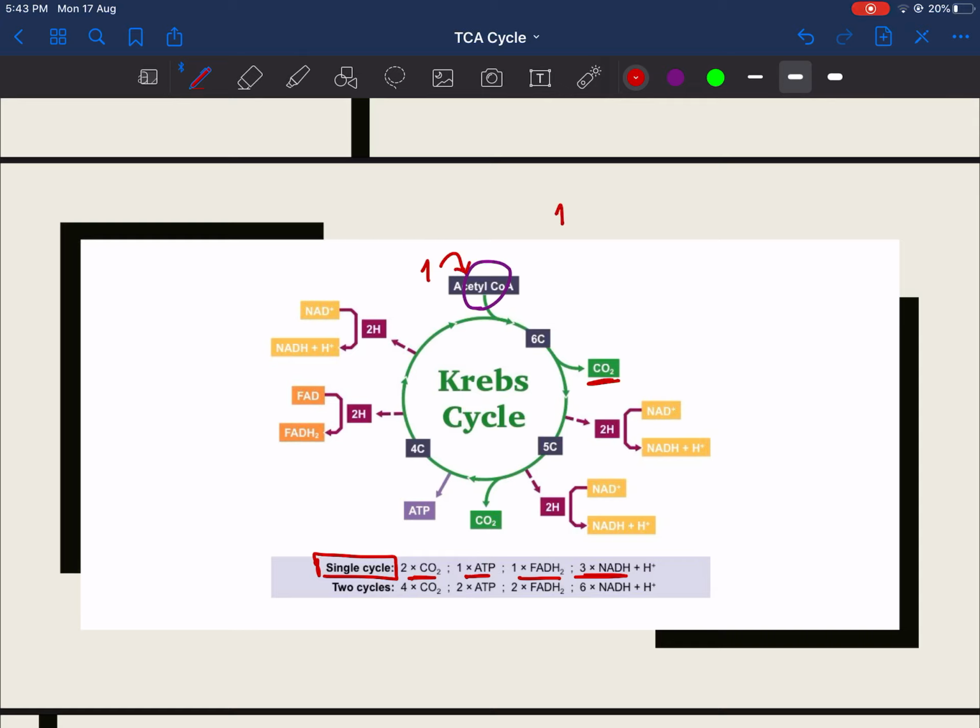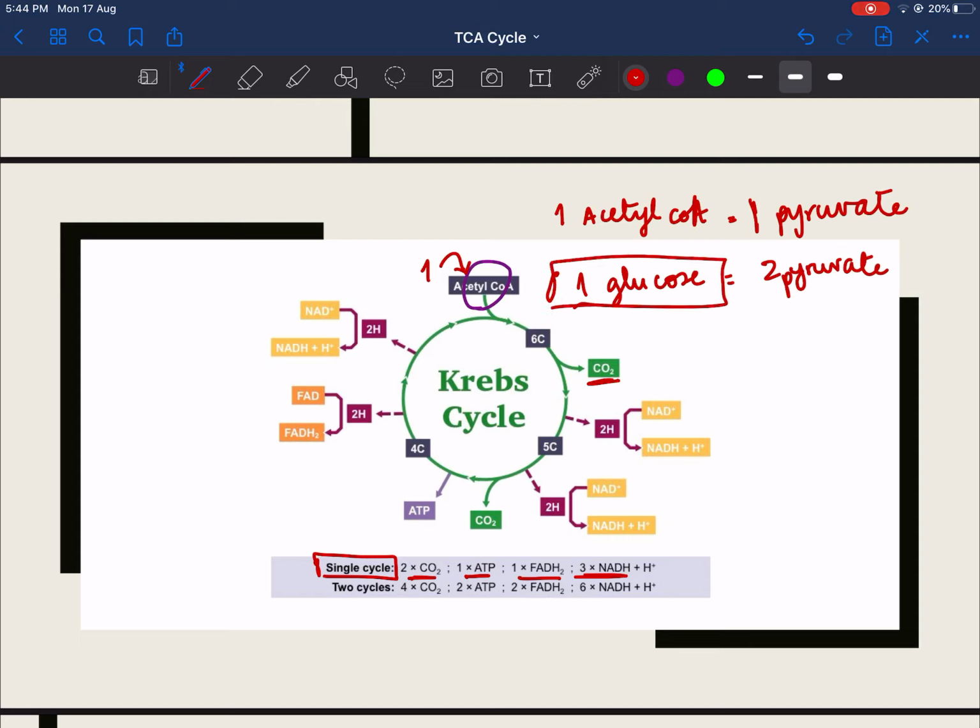We know that 1 acetyl-CoA comes from 1 pyruvate, right? And we also know that 1 glucose molecule gives us 2 pyruvate molecules. So what we're basically saying is that 1 glucose molecule is supposed to give you 2 molecules of acetyl-CoA, which means that this entire cycle is supposed to go on twice for 1 molecule of glucose.